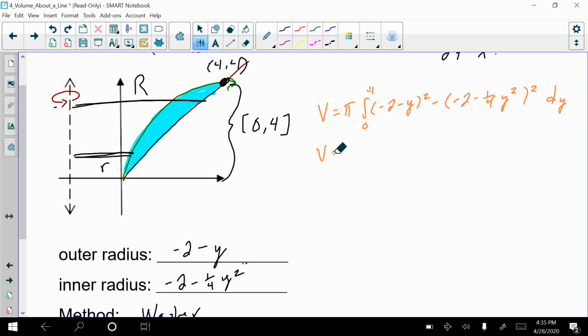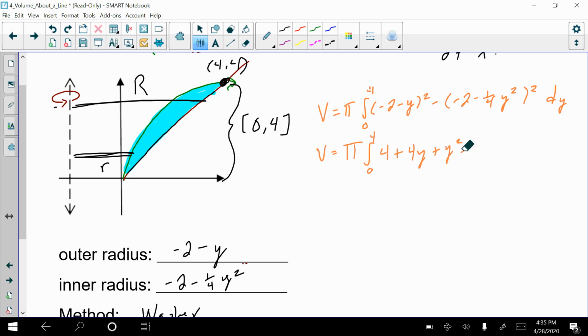So expand the binomials and distribute. And when you expand -2 minus y squared, you're going to get a 4 plus 4y plus y squared.